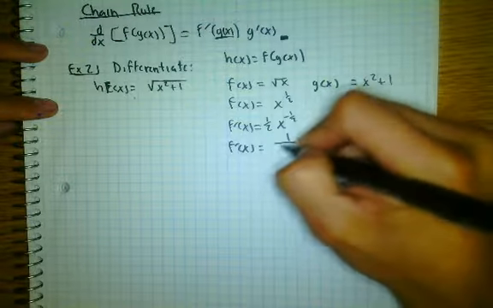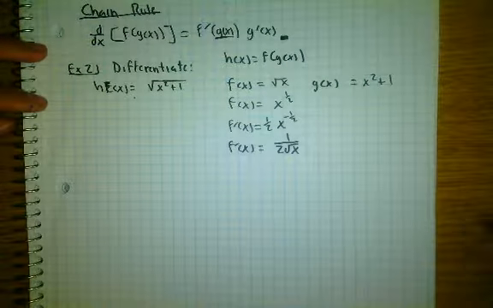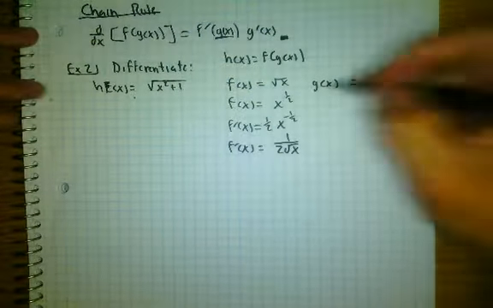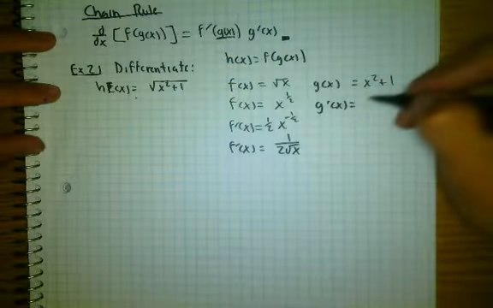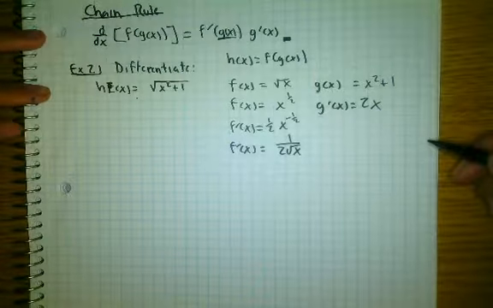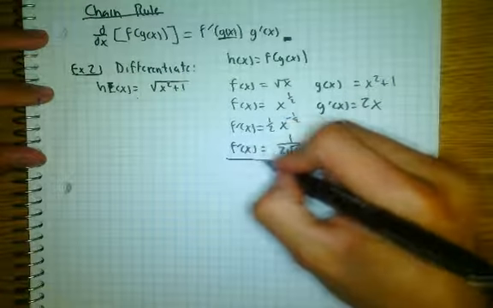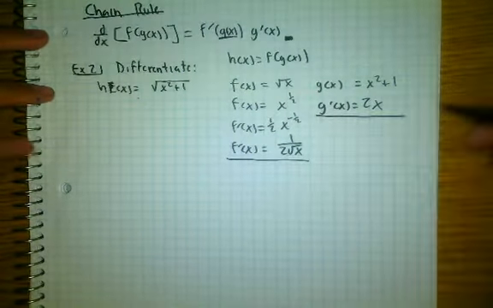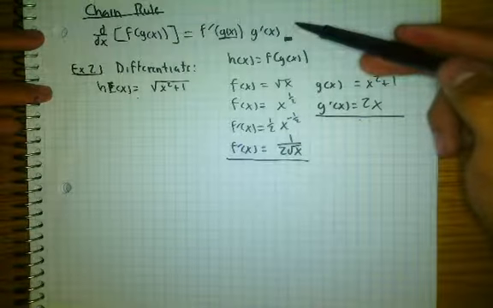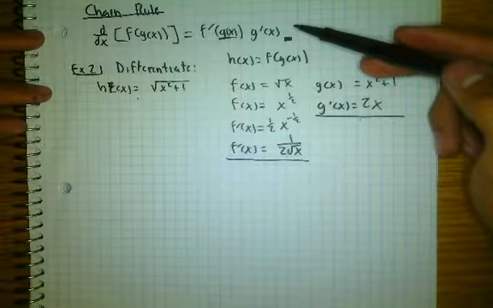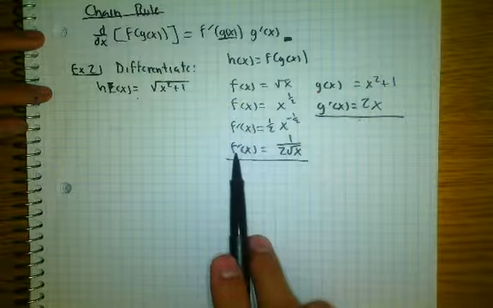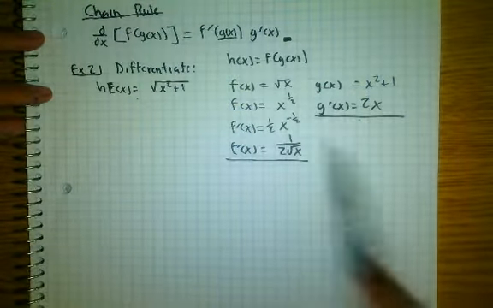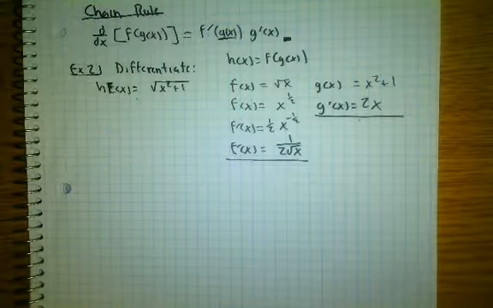Now, what is the derivative of g of x? 2x, right? Okay. Notice how we kind of, and I say kind of, have done what the formula told us. Sort of. Agreed? You guys with me? We have some derivative f prime, right? And then we have g prime. Yes, sir. I was saying now we have to use the multiplication rule. Not necessarily. We're just going to multiply here.